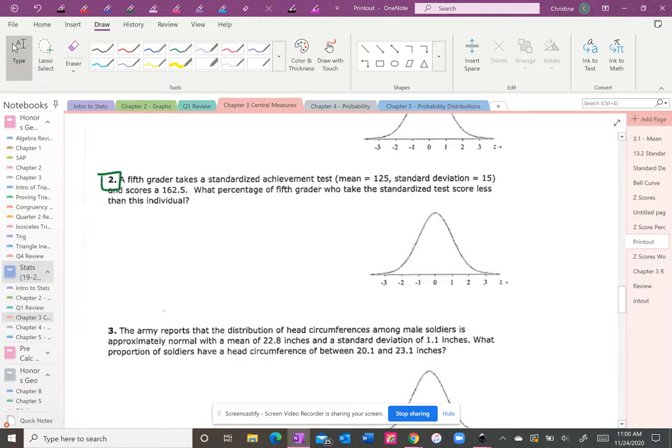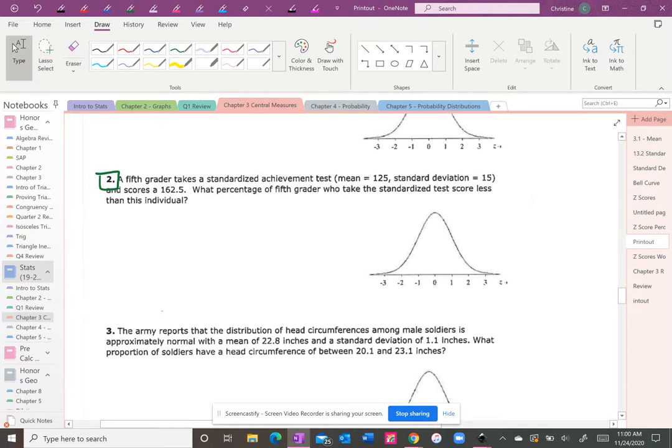So it says a 5th grader takes a standard achievement test. The average is 125 and the standard deviation is 15. This person scores a 162.5. So let's just figure out first what this looks like. The average is at 125 and the standard deviation is 15.